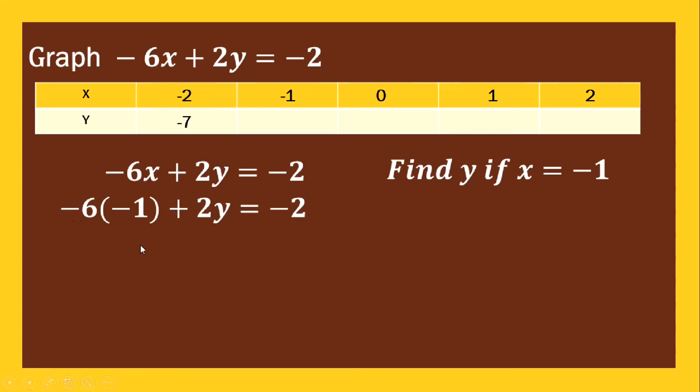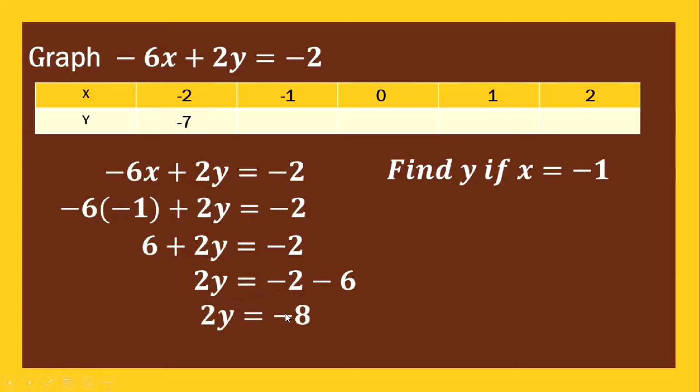Negative 6 times negative 1 is positive 6, plus 2y equals negative 2. Transpose 6, we have 2y equals negative 2 minus 6. 2y equals negative 8. And to find y, divide both sides by 2. So, y equals negative 4. So, if x is negative 1, y is negative 4.